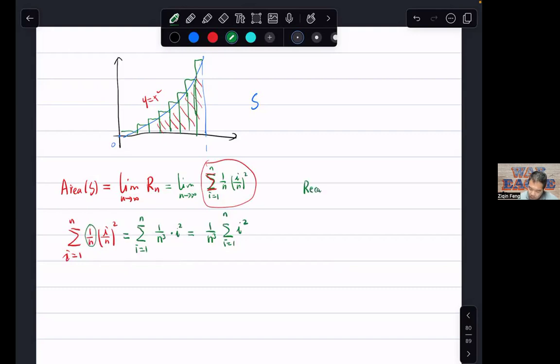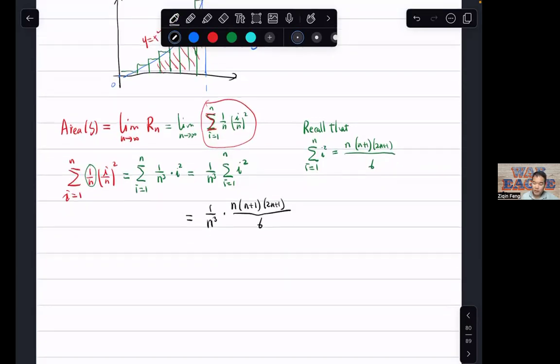Recall that the summation of i squared, i from 1 to n, is n times (n plus 1) times (2n plus 1) over 6. We didn't prove it, but you can use mathematical induction to prove it: prove the base step, then do the inductive proof. So this equals 1 over n cubed times n(n plus 1)(2n plus 1) over 6.